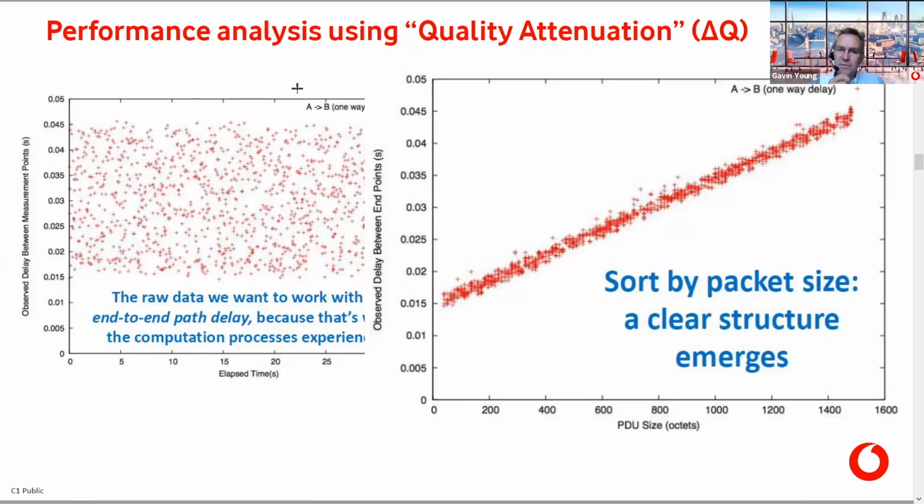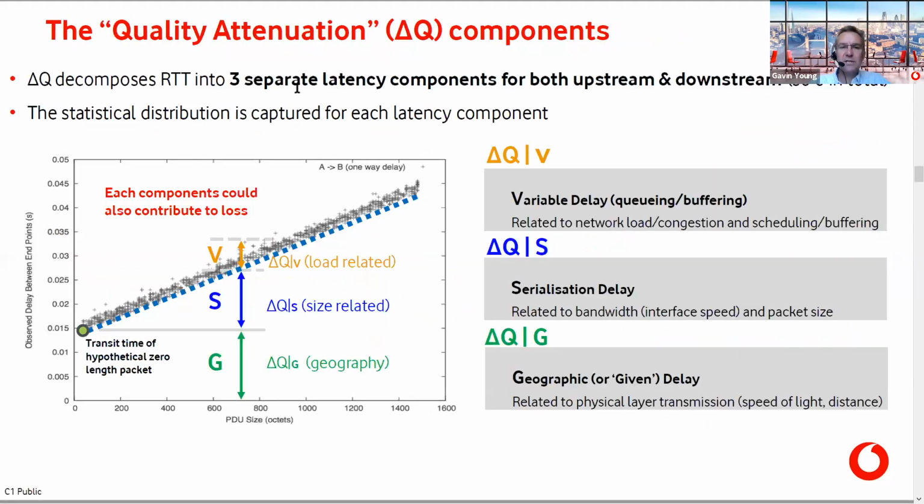You send this stream of packets of various sizes and timestamp, and then you can sort them like this. And it turns out that if you have that plot of your delay versus the size of the packets, then there are three characteristics of that graph. One is the intercept, one is the gradient, and one is the thickness of the line.